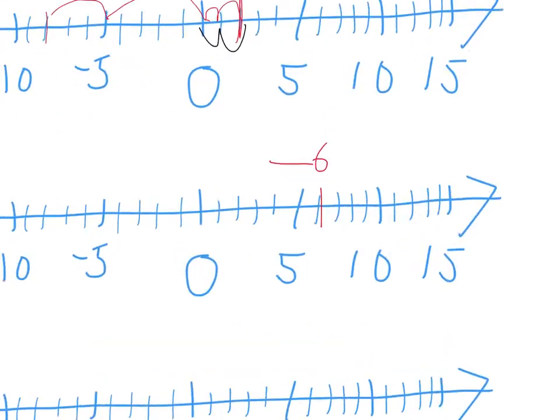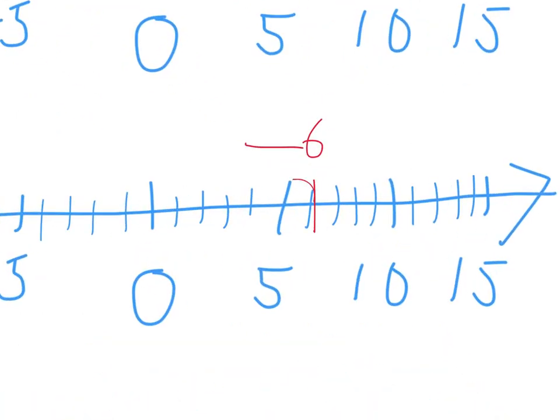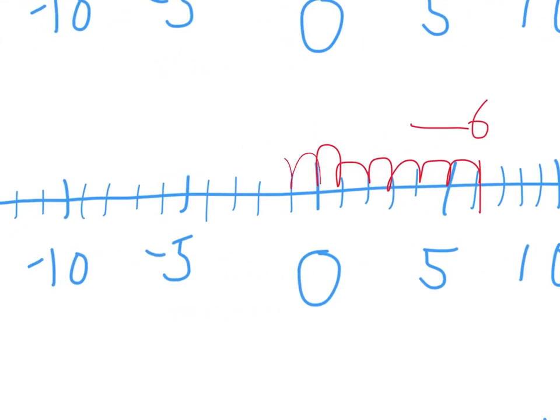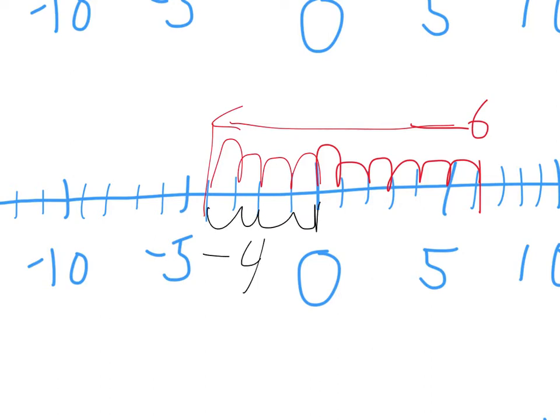Let's zoom in so I can show that better. Backwards 1, 2, 3, 4, 5, 6, 7, 8, 9, 10. So we've gone backwards 10. We're right here. Starting at 0, we're going negative 1, 2, 3, 4. So our answer would be negative 4.